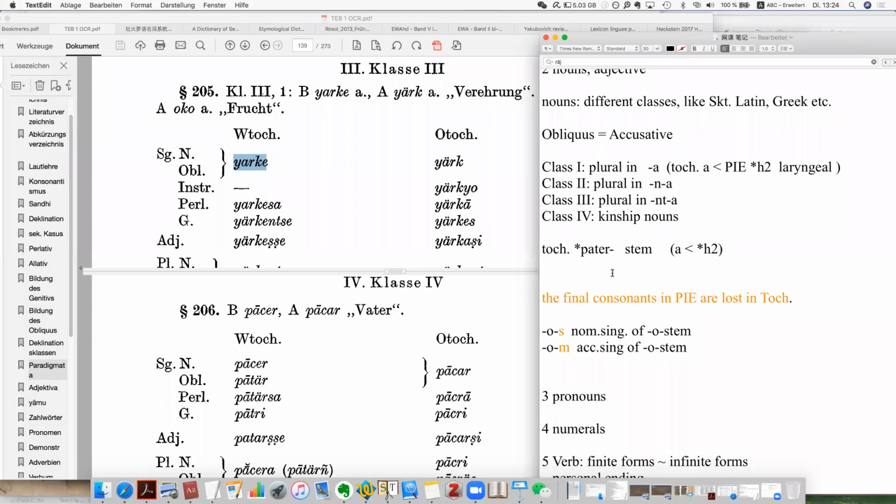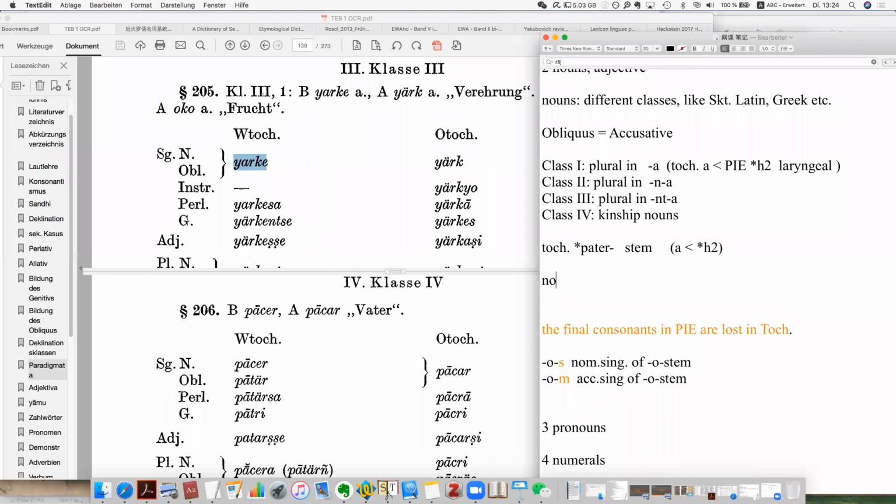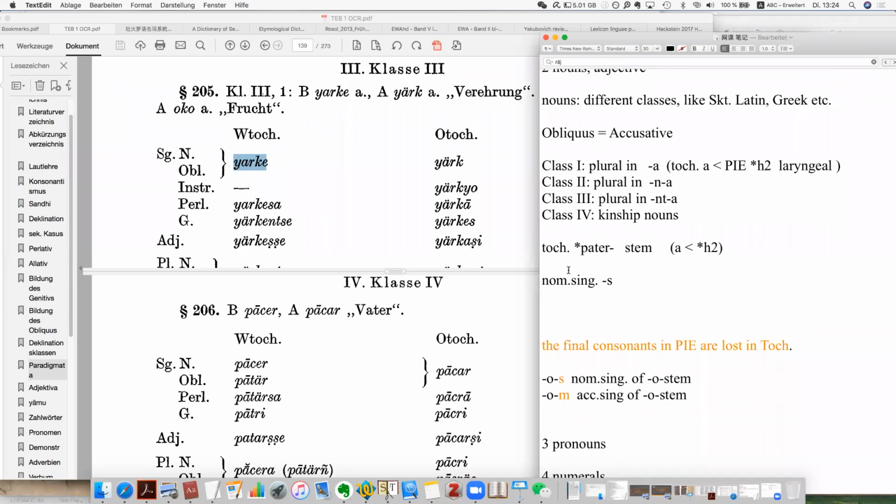And for this stem, how do we build a nominative? The nominative singular should take an S, right? And then this should become paters, and there's a special law called the Szemerényi law, but you can forget the name now. The result is that you get a lengthened grade of the vowel here.